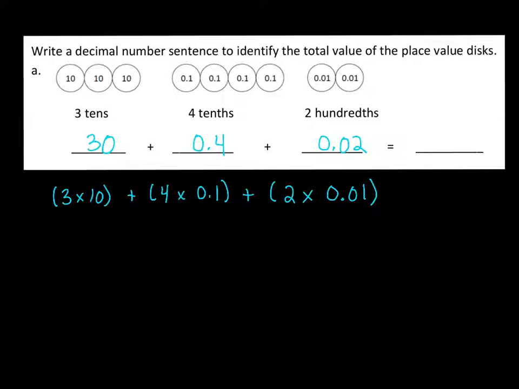And if we added all that up together, what would we get? We would get 30 and 42 hundredths.